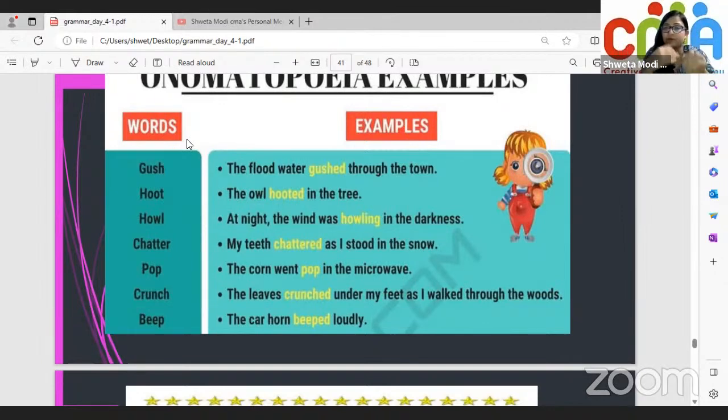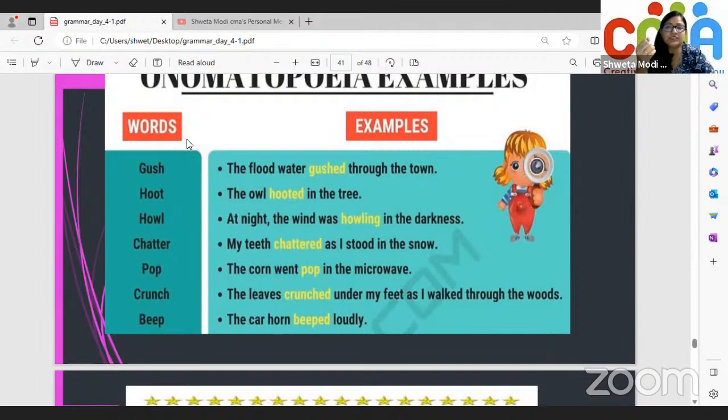When I say the flood water entered and when I say the flood water gushed through the town, what is the difference? You are beautifying your sentence, okay? You are putting in effects and the person can literally feel that sound. So these words are important when it comes to creative writing.